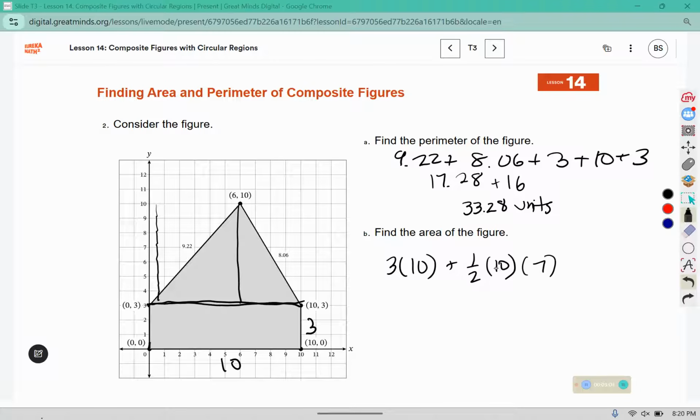Remember, a triangle is half the base times the height. So the area of this bottom rectangle piece is 30. Half of 10 is 5, and 5 times 7 is 35, giving us a total area of 65 units squared.